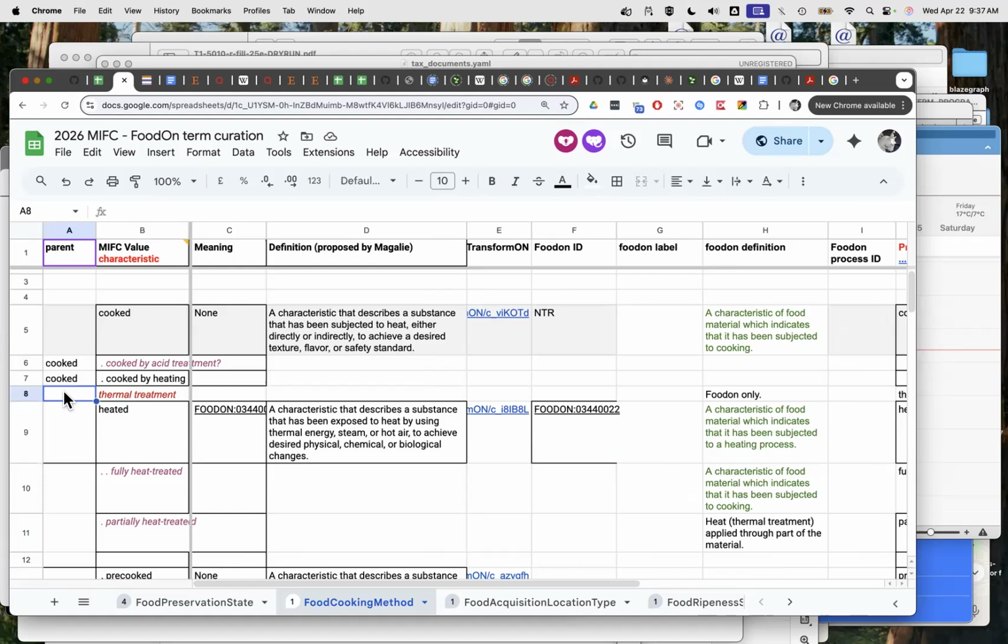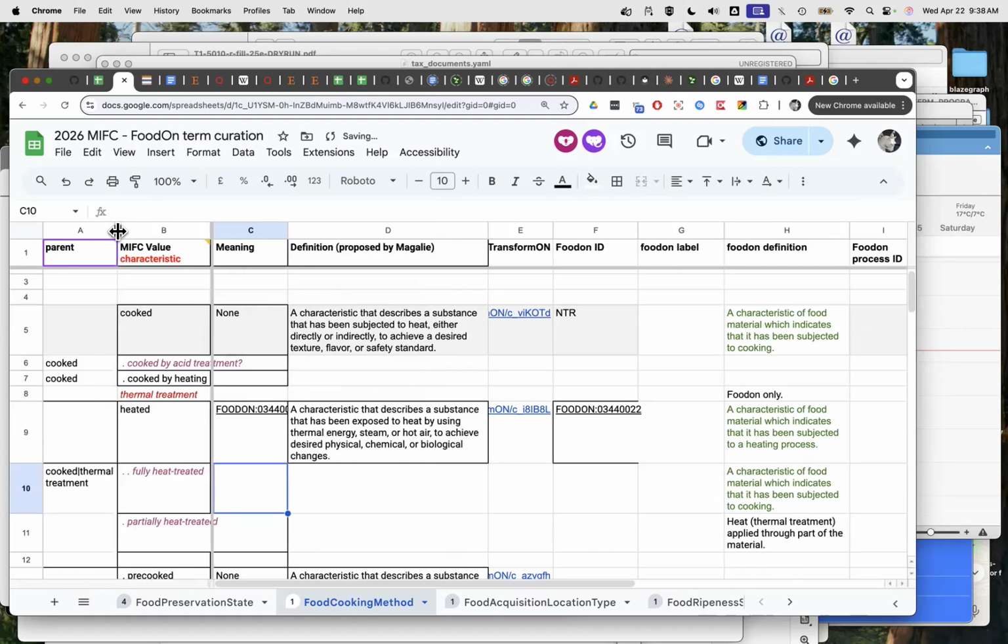Okay, so it could even be a transform on ID2. It could have multiple. It's not a definition, it's more a link to an ontology term. Exactly. In LinkML, the three basic things that you get are the value, the meaning, and the description. Okay.